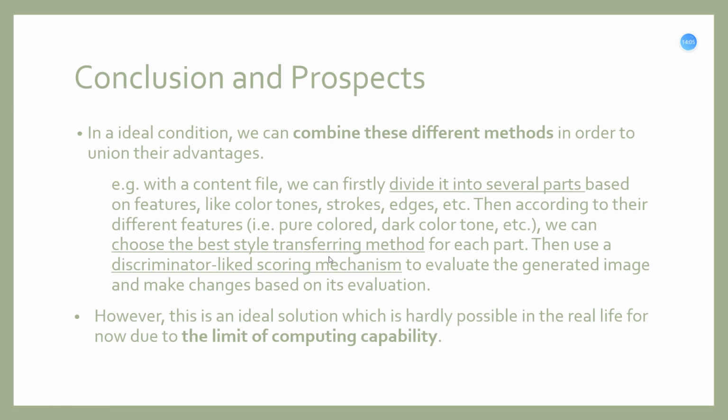We use a discriminator like a scoring mechanism to evaluate the generated image and make changes based on its evaluation. However, like I said, it's an ideal solution, which is hardly possible in real life for now, due to the limit of computing capability.